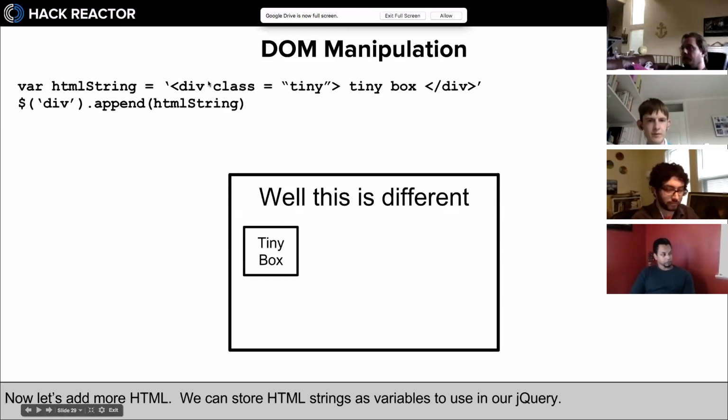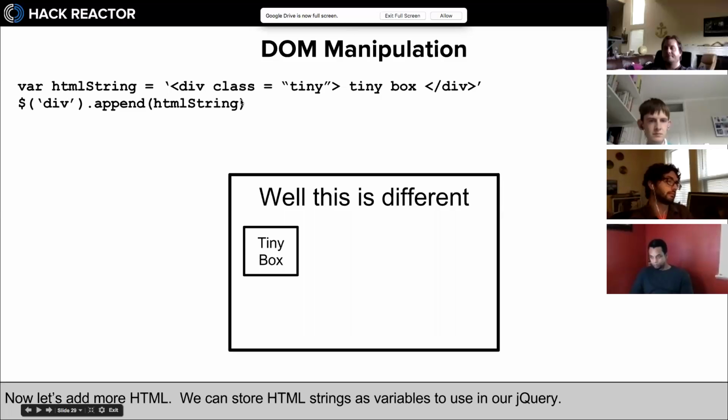So we can also store HTML strings, so the stringified HTML, as a variable in our JavaScript. And you've probably seen this using the native DOM methods in the exercises earlier this week. And then when we target the div and we want to append the string that we've just created, we can just pass in that variable.